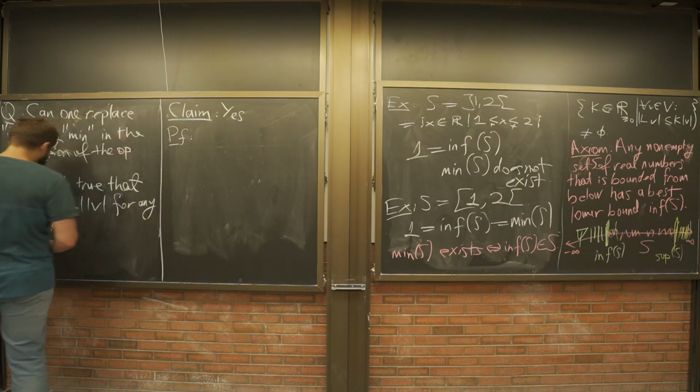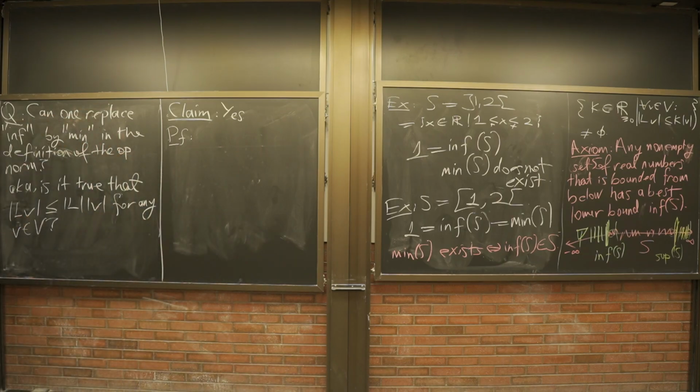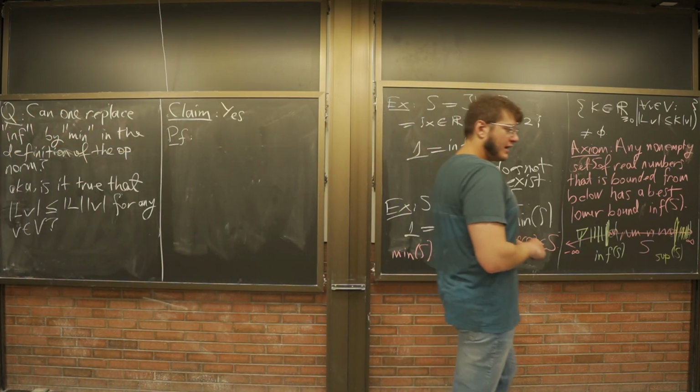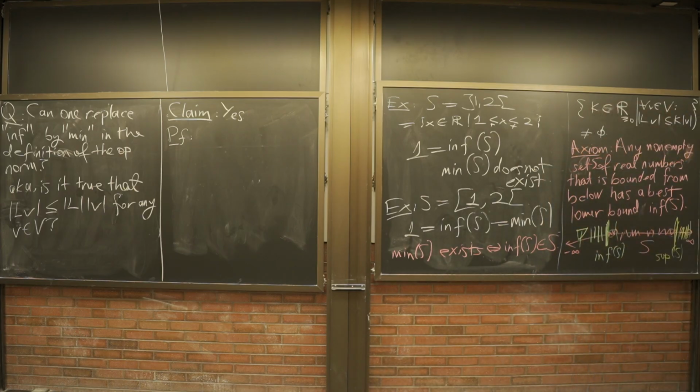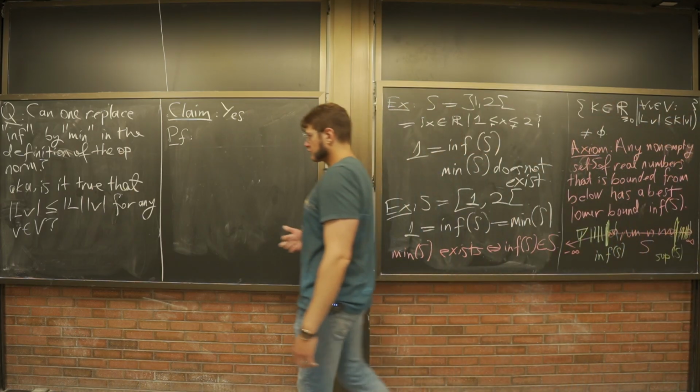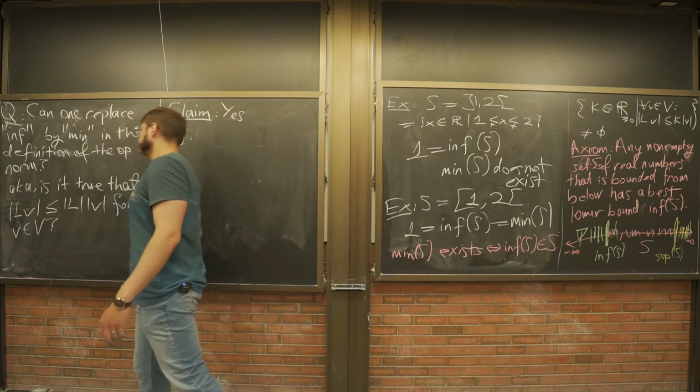So the statement I'm trying to show is: for any v whatsoever, the norm of the image of v under L is bounded from above by the operator norm of the operator times the norm of the vector. This is what is called the subadditivity property.